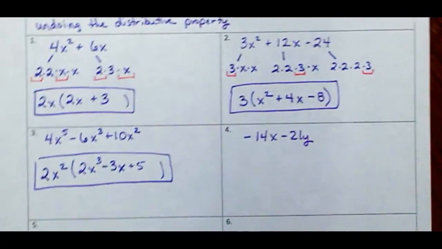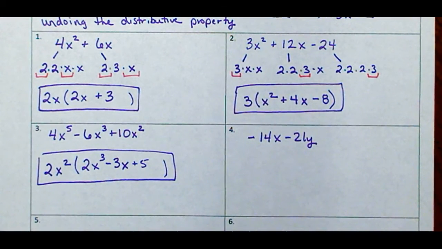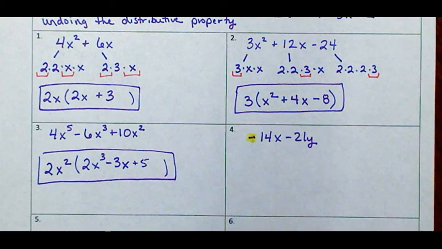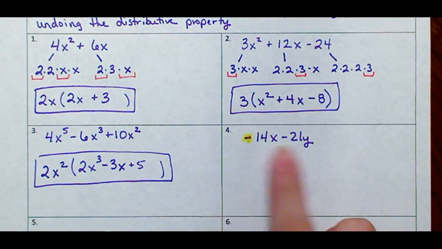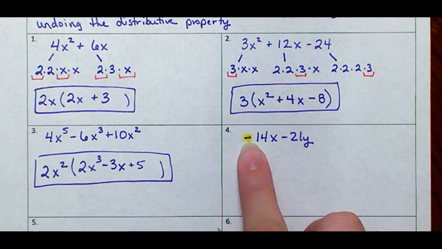If you look, notice all of these start with a positive term. This one doesn't. So the big thing with factoring is we don't like the first term to be negative. So we always factor out a negative if the first term is negative when it's in standard form. Now this is in standard form because x comes before y. So that means we need to take out a negative when we do our greatest common factor.